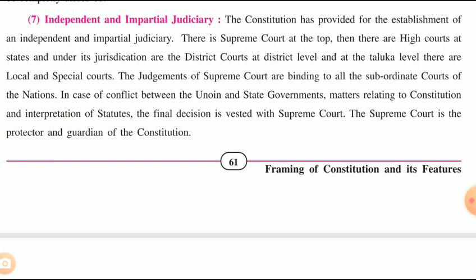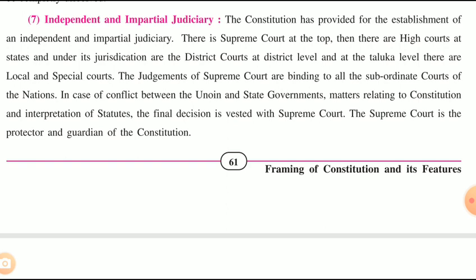For each state, there is a high court, at district level there are district courts, and at taluka level, it is taluka court or trial courts. There are certain scenarios, if there is a conflict between union and state government, or matters related to interpretations of the constitution and its status, where the Supreme Court decision is the final decision.